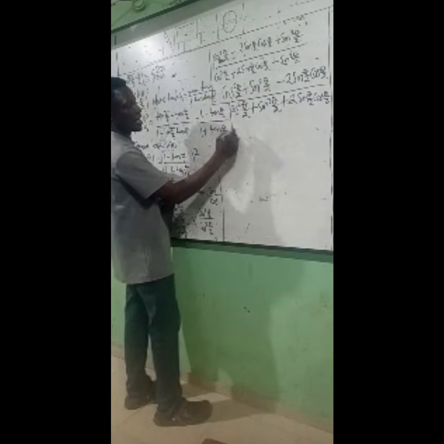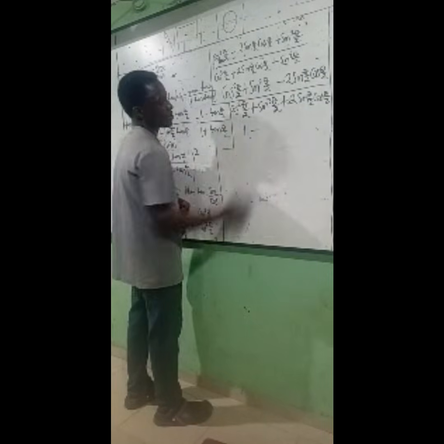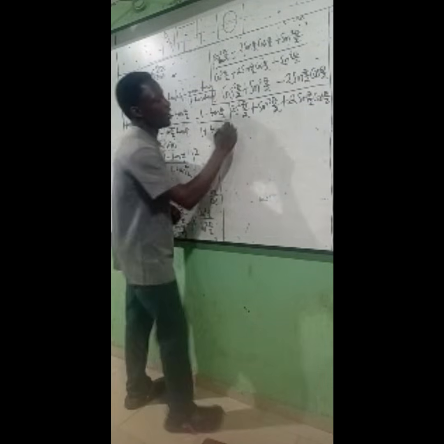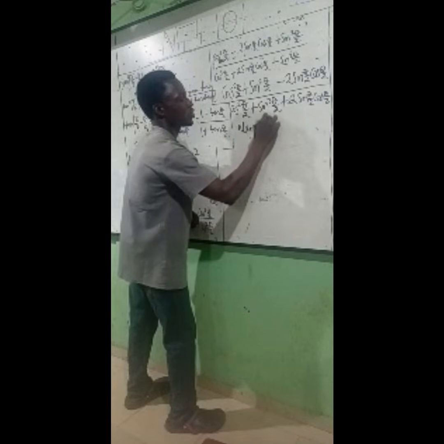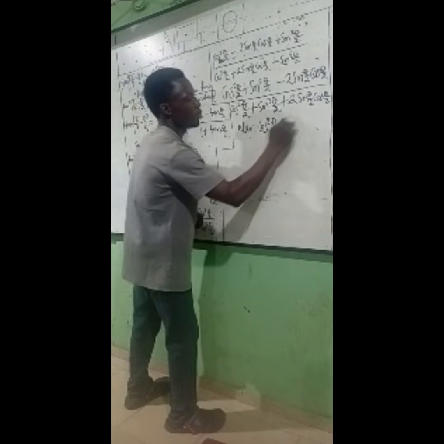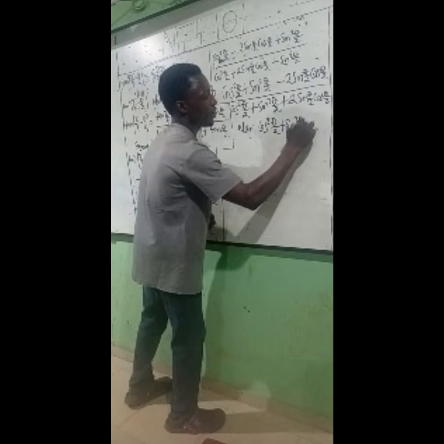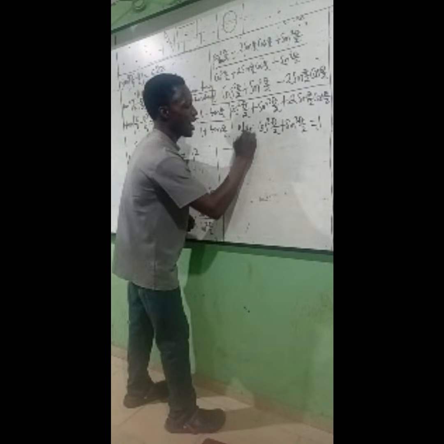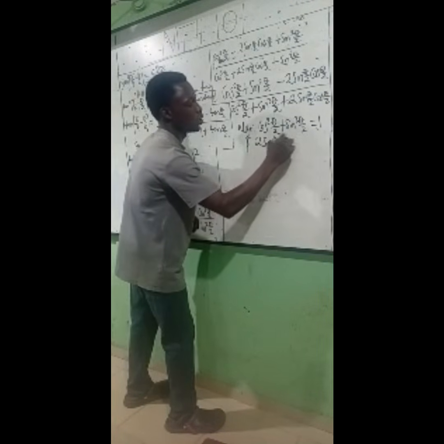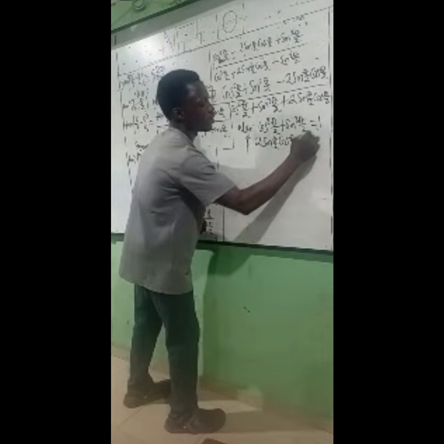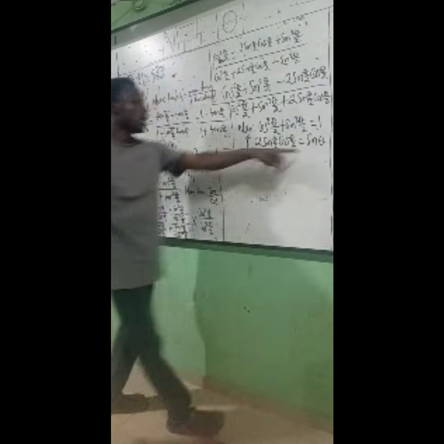Note that cos squared(θ/2) plus sin squared(θ/2) equals 1, and 2 sin(θ/2) cos(θ/2) equals sin θ. I hope we know this.